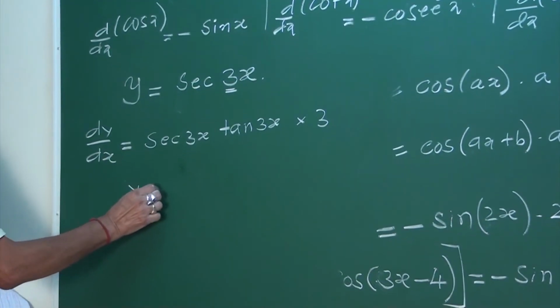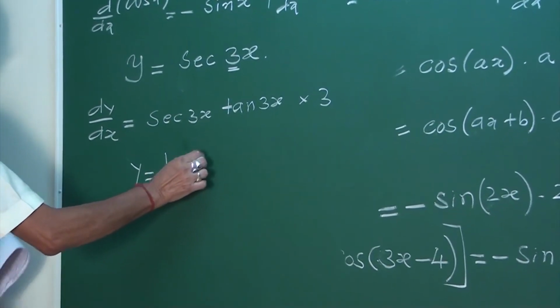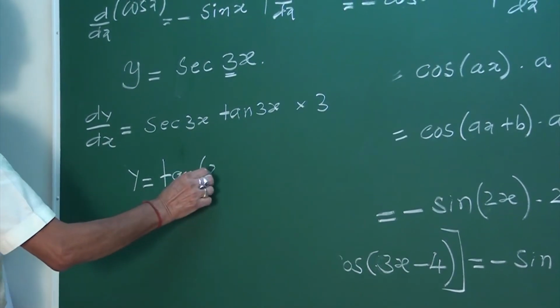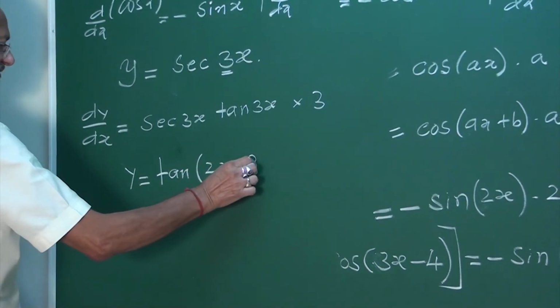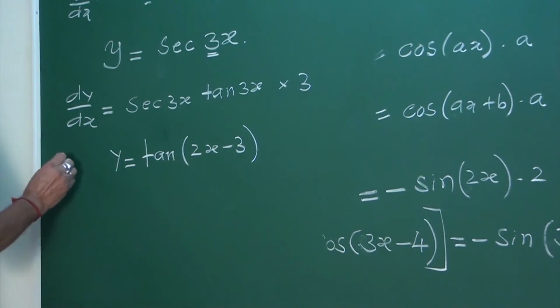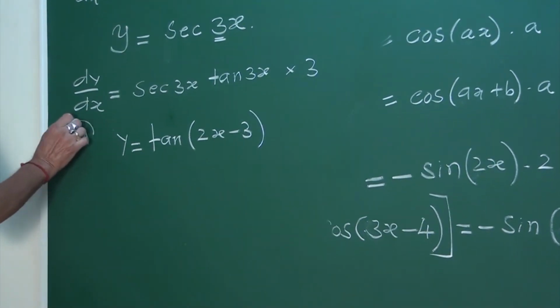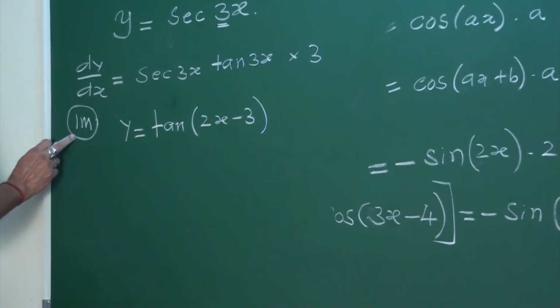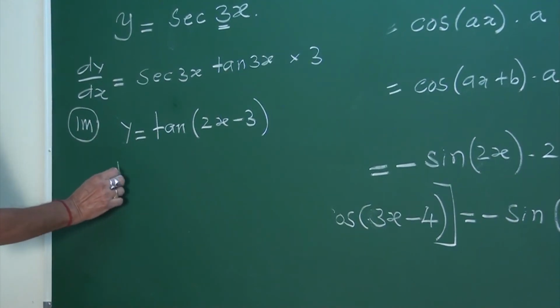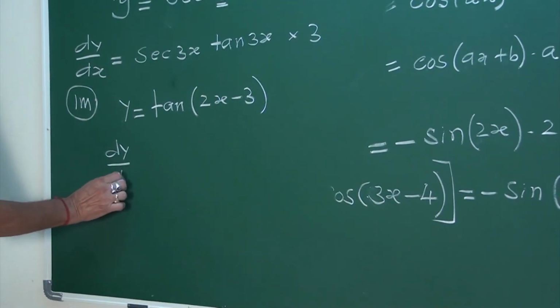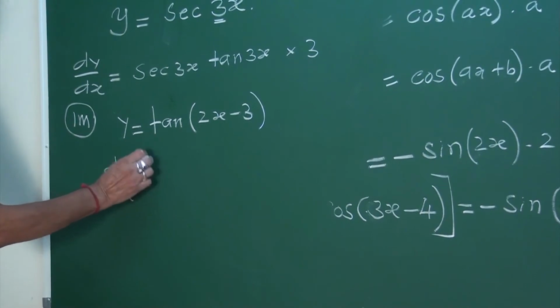y equal to tan of 2x minus 3. It is in your textbook and it has appeared in the question paper under 1 mark. Yes, dy by dx. Derivative of tan.